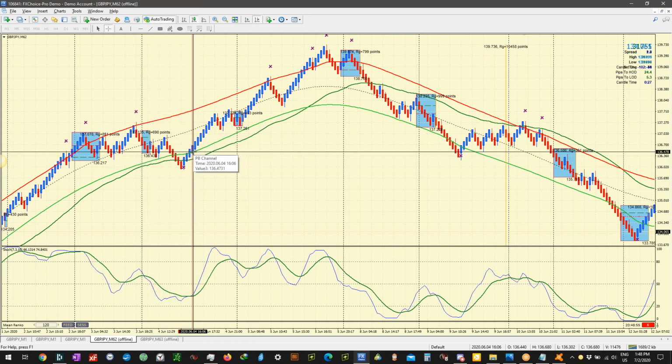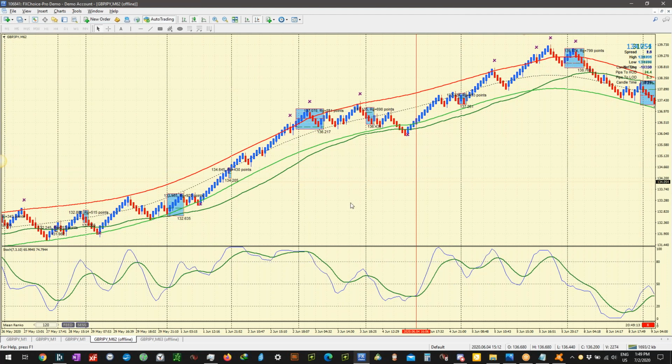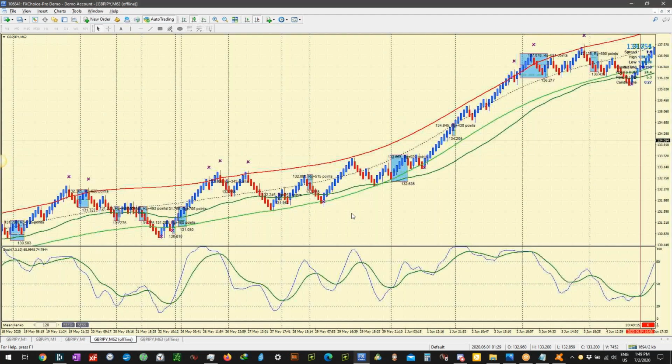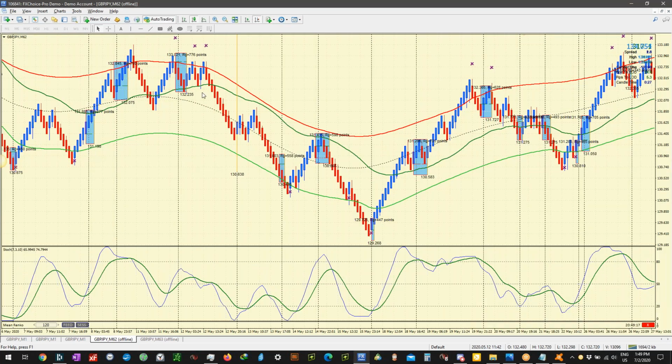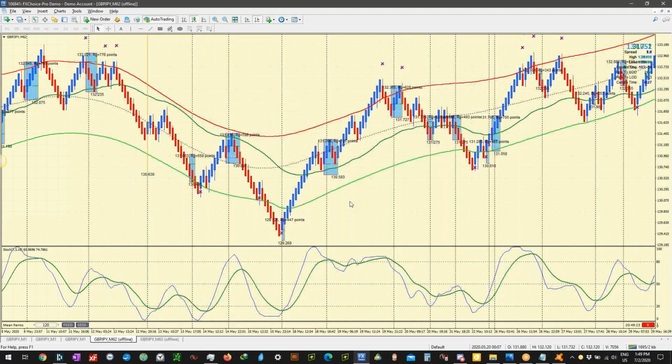So instead of having a 119 pip move, you could have a 215, or you can have, I don't know, a 279, even though it goes up to 300 pips. Okay? And imagine if you would enter down here. Again, it's always the same here. You enter there, instead of 117, you have 218.